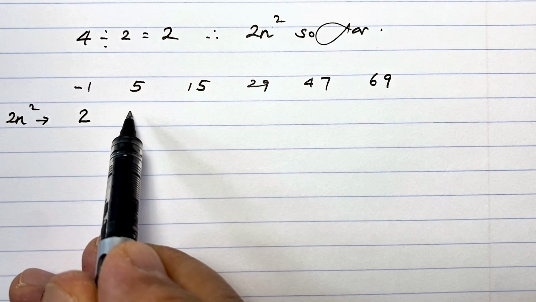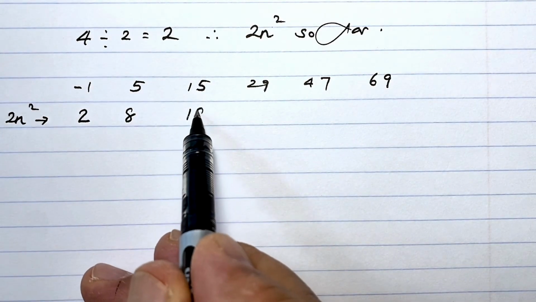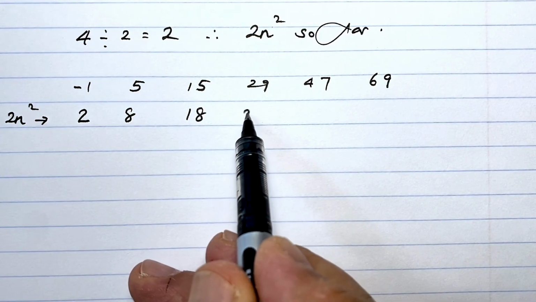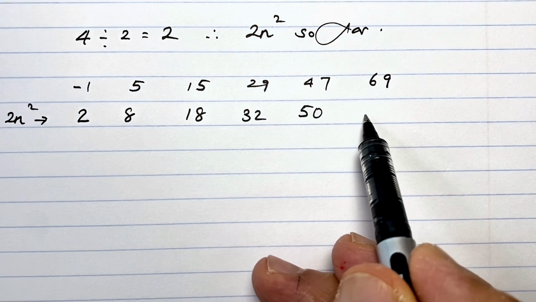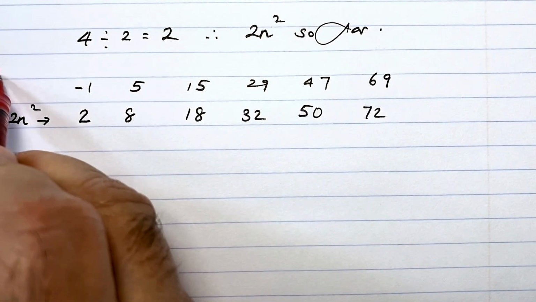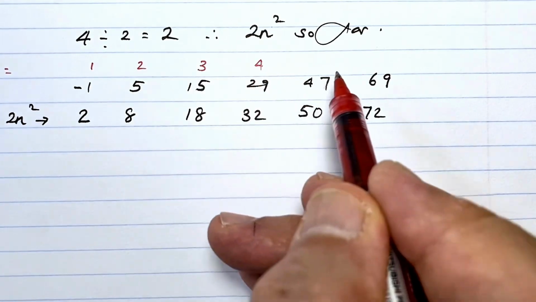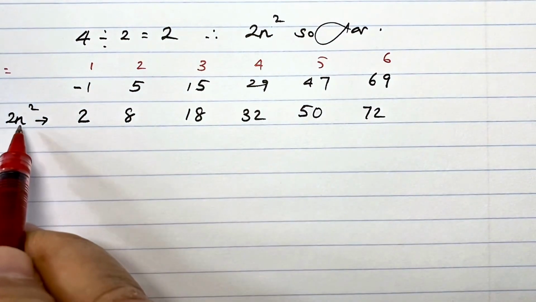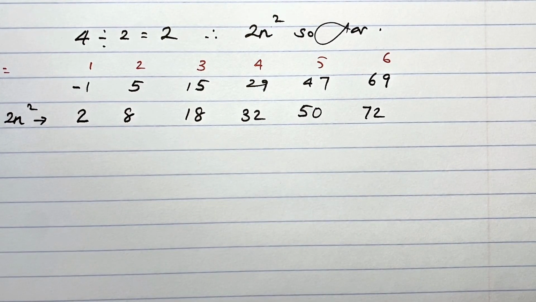When n is 2, 2 squared times 2. 3 squared times 2, 4 squared times 2. 5 squared times 2. 6 squared times 2. Let me just put these n values: 1, 2, 3, 4, 5, 6. So 6 squared, 36 times 2, 72.